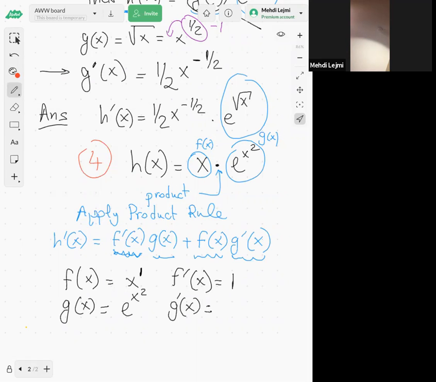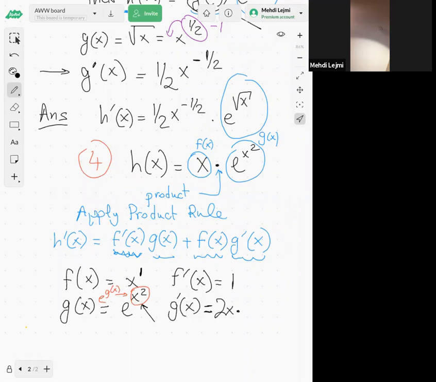Remember the rule we had in number 3? So this x squared here will be like our g of x. So this is like e to the g of x, right? So g prime is going to be the derivative of the power, the derivative of x squared, which is 2x, times, and then we keep the exponential to the same power.